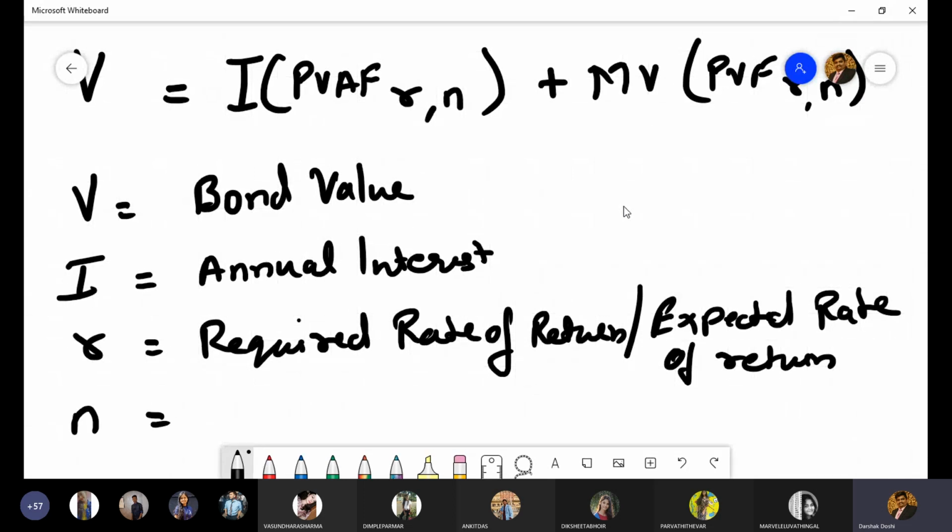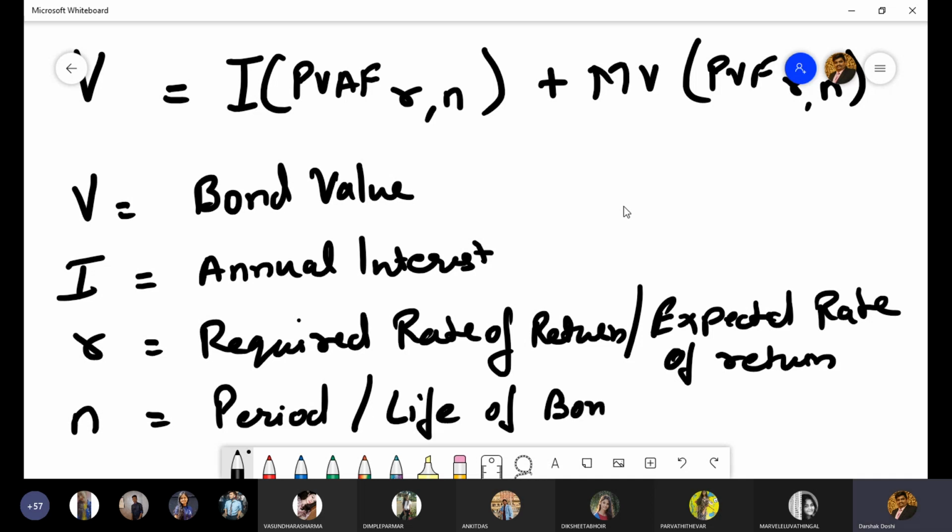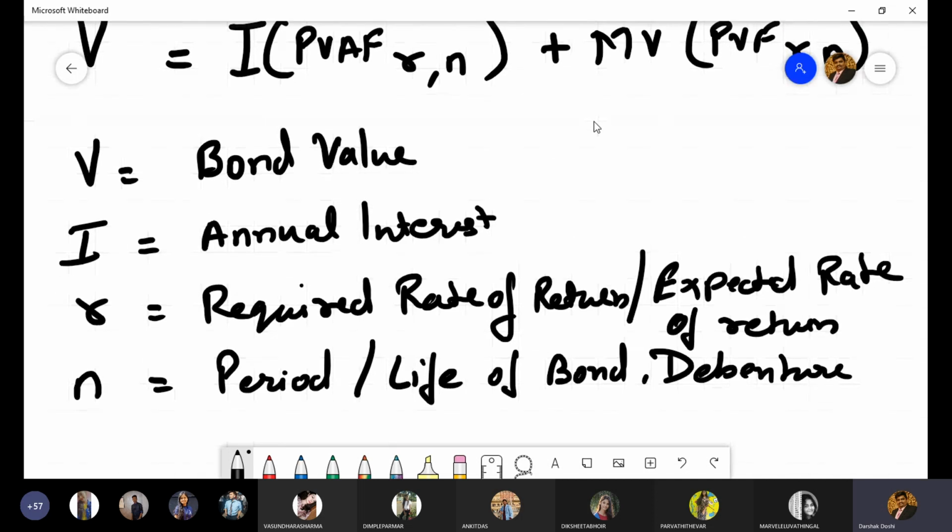N is the period or life of the bond or debenture. MV is maturity value.